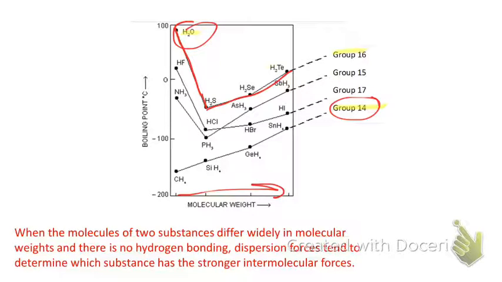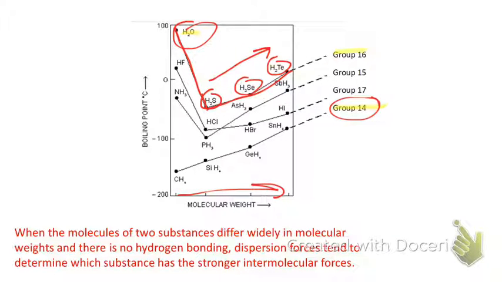But as soon as we get to H2S, even though H2S, H2Se, and H2Te are polar molecules, they do not form hydrogen bonds. Therefore, dispersion forces take over, and the boiling point increases with increasing molecular weight. And we see our general trend there.